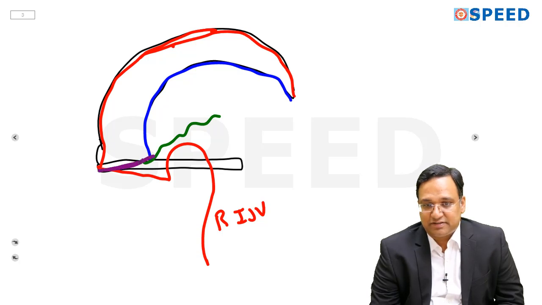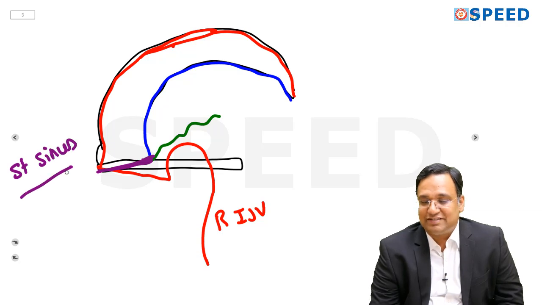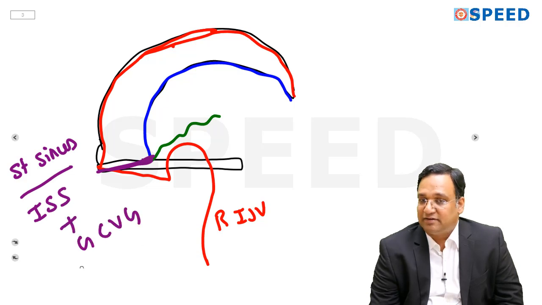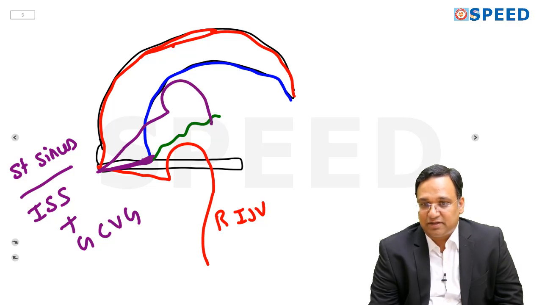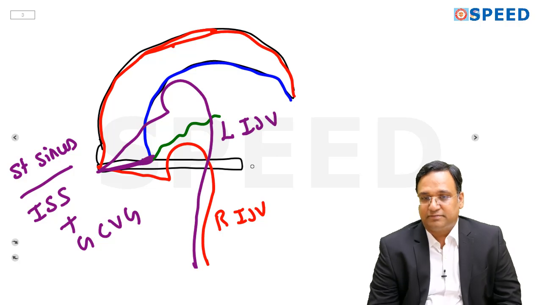The famous entrance exam question is: how is the straight sinus formed? The straight sinus is formed by the inferior sagittal sinus plus the great cerebral vein of Galen. This straight sinus becomes the left transverse sinus, then the left sigmoid sinus, and then the left internal jugular vein.